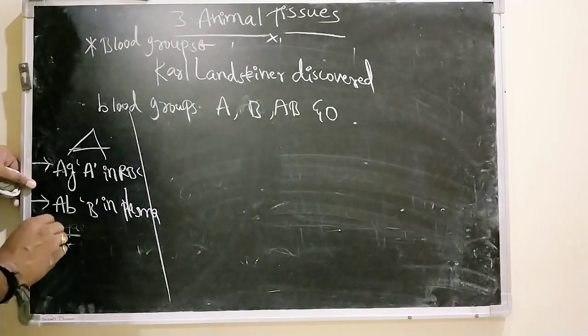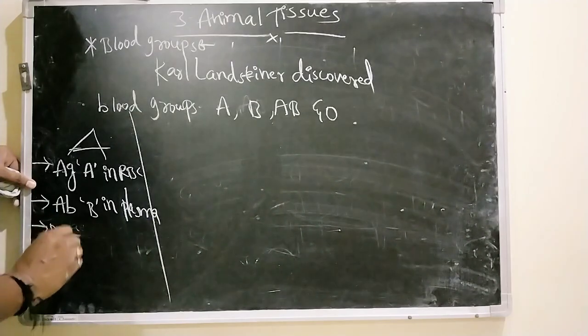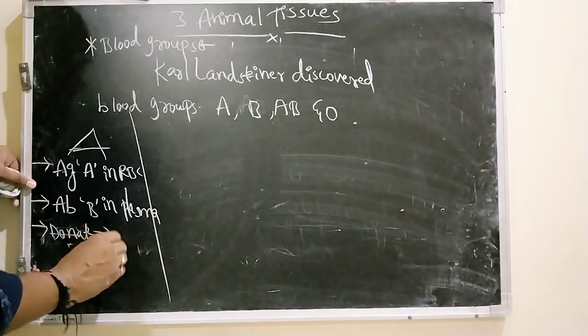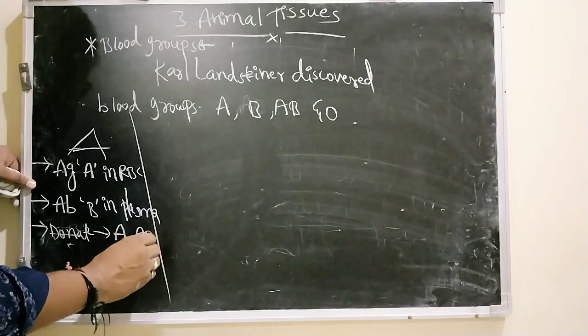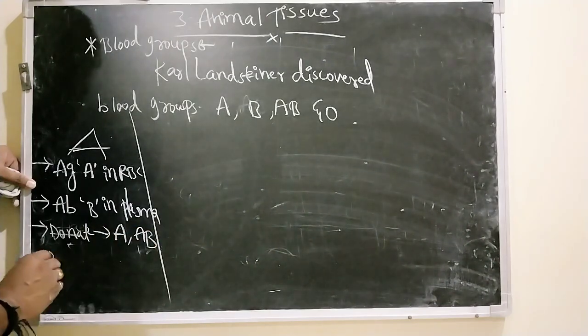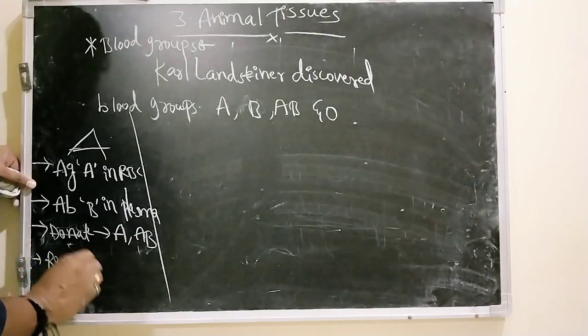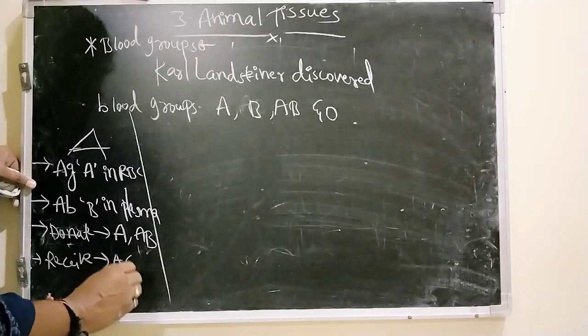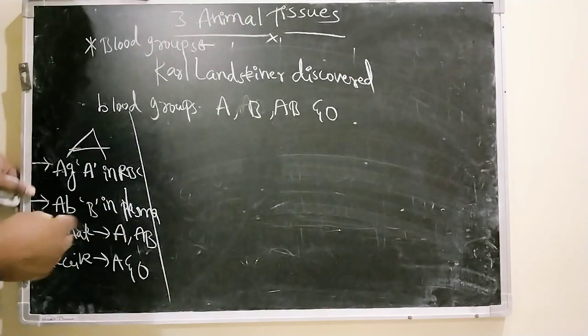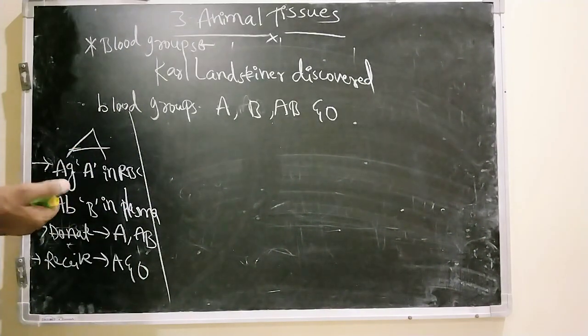These persons can donate blood to A and AB. These persons can receive blood from A and O. Next, B blood group.